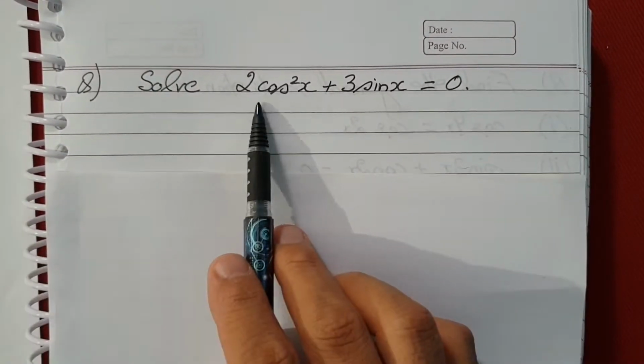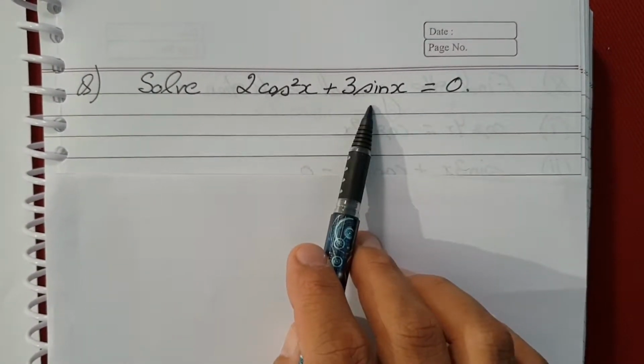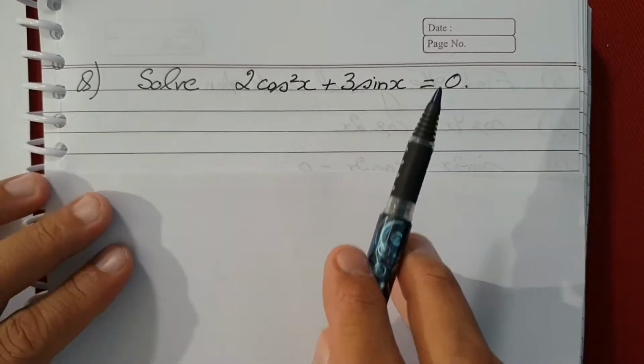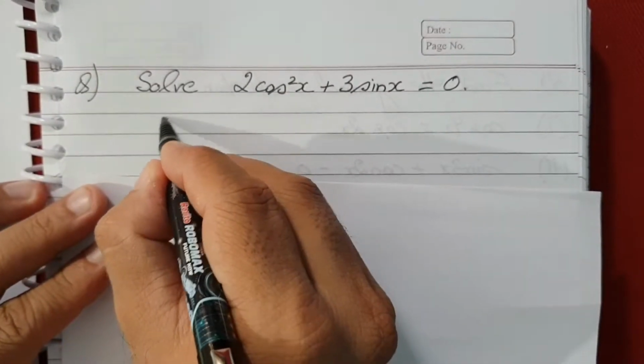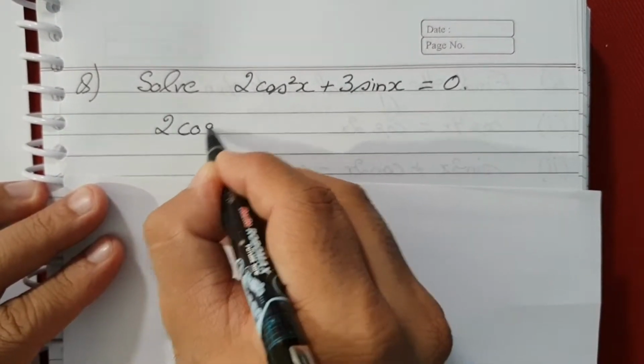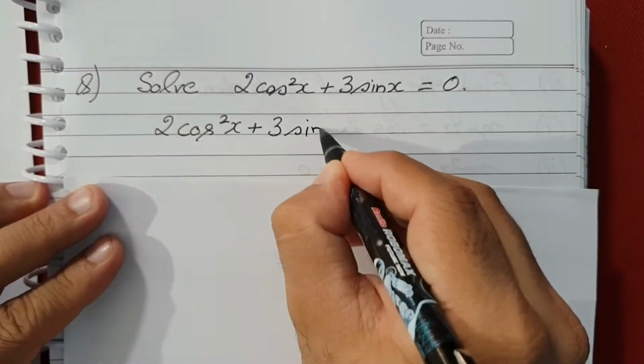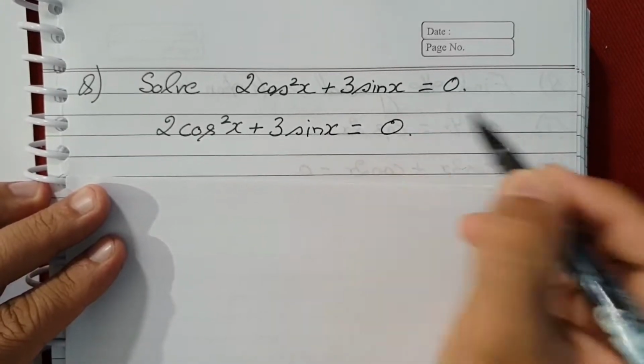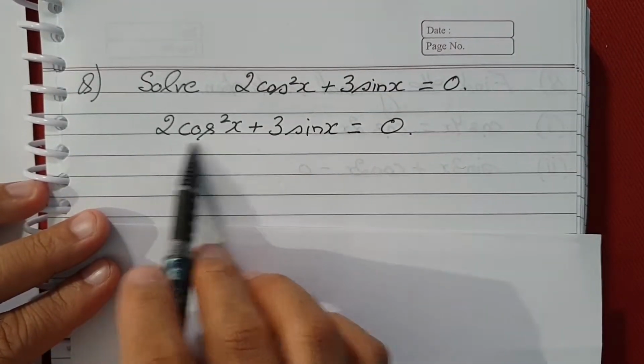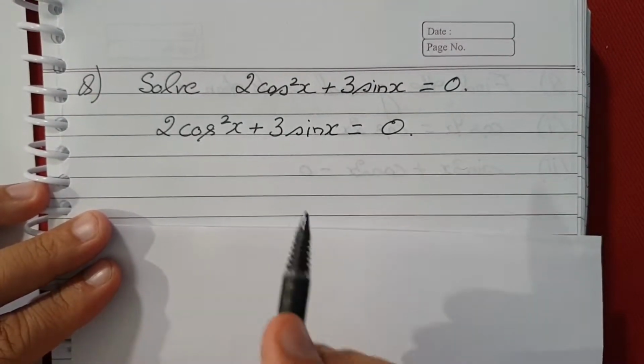Solve 2 cos square x plus 3 sin x equals 0. So writing the question first, 2 cos square x plus 3 sin x equals 0. Now see, cos square x can be written as 1 minus sin square x.